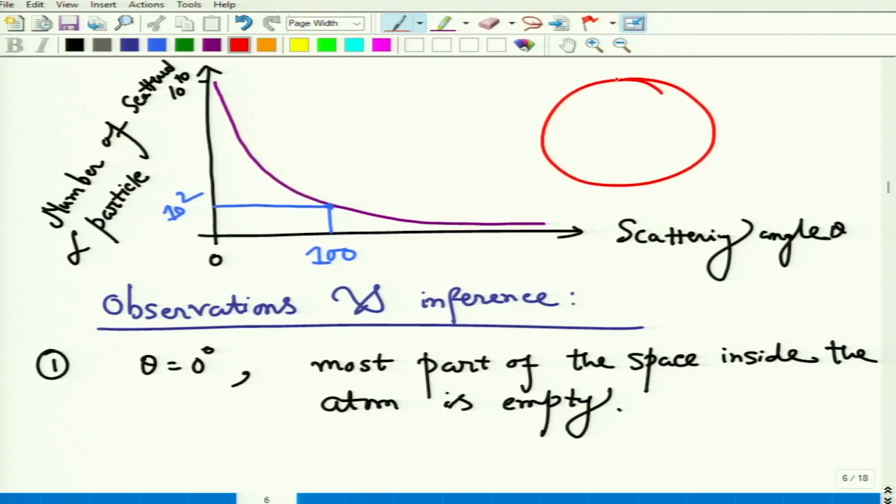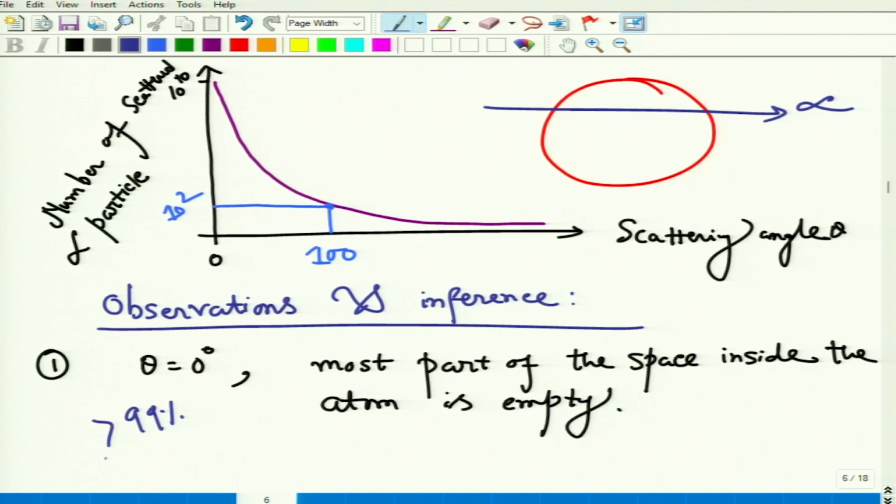So if there were some interaction with the alpha particle, which is also positively charged, there should be some deflection. As there is no deflection, the most of the particles feel no interaction with the elements. It essentially suggests that inside the atom, most of the space is totally vacuum, totally empty space. That's why the alpha particle passes as it is without any interaction. It's around 99%, in fact greater than 90%.